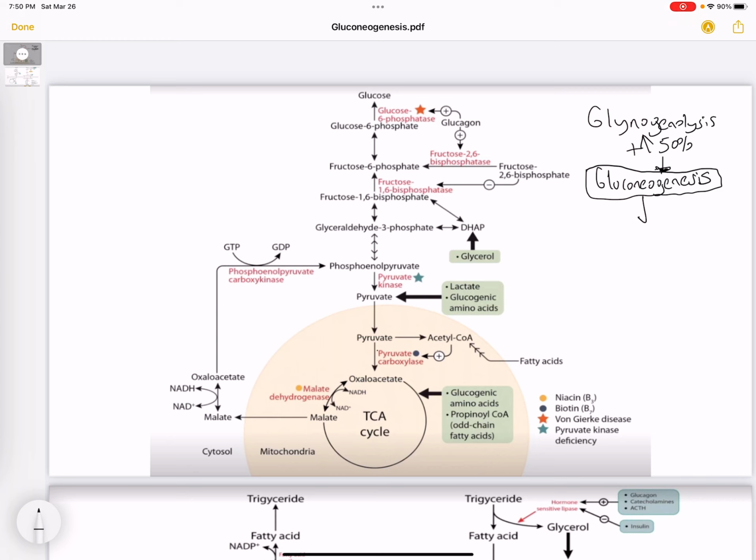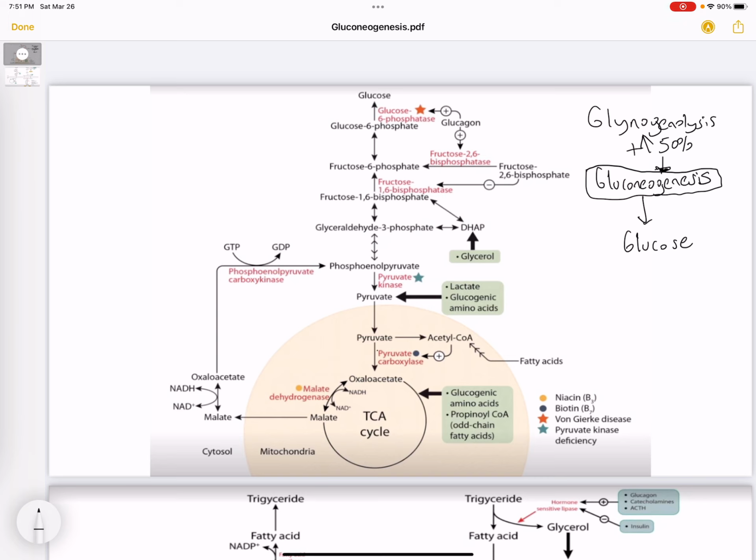This is especially important because the final product of gluconeogenesis is glucose, and this makes sure that our body is not in a hypoglycemic state, because hypoglycemia can lead to coma and even death. So it is crucial that gluconeogenesis is working properly in our body.